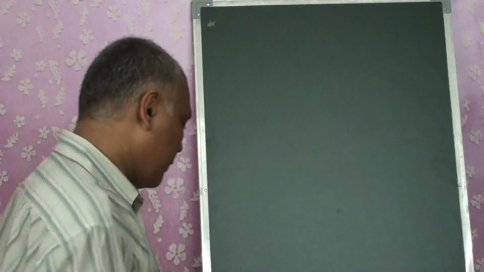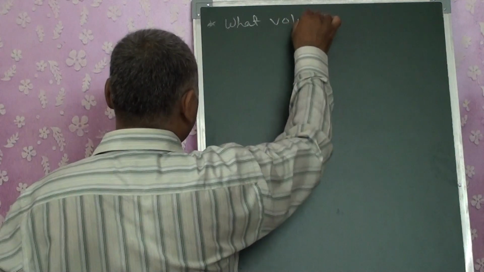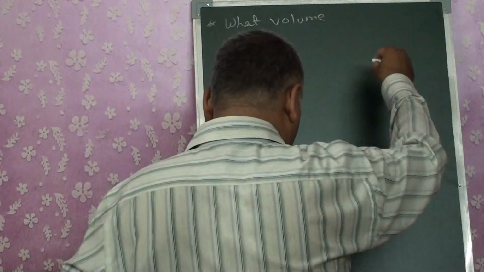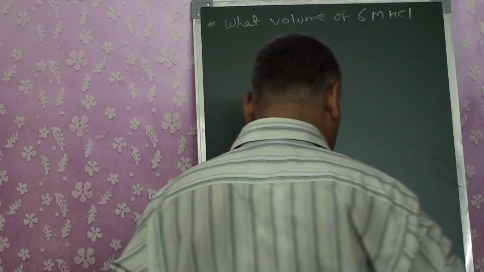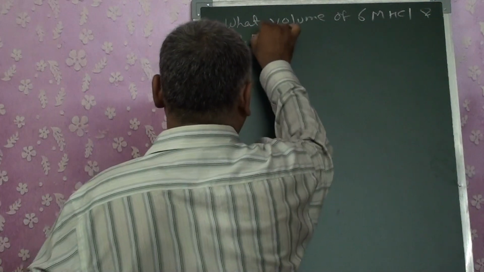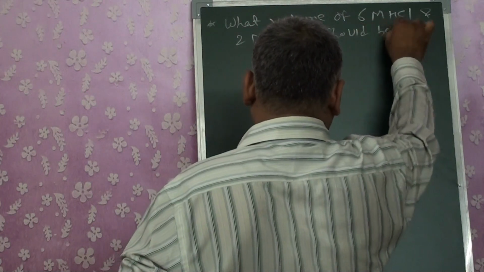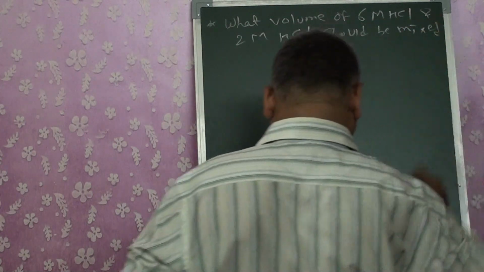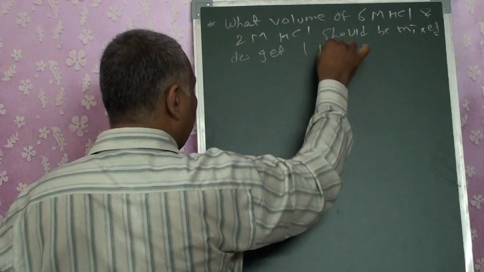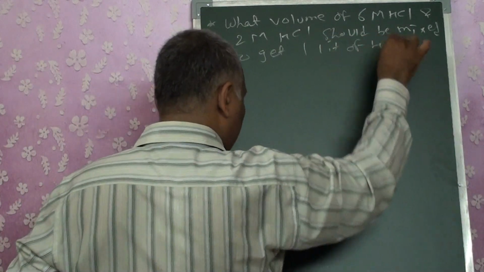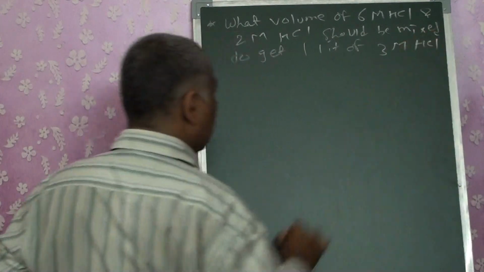Let us take one numerical based on it: what volume of 6 molar HCl and 2 molar HCl should be mixed to get 1 liter of 3 molar HCl?